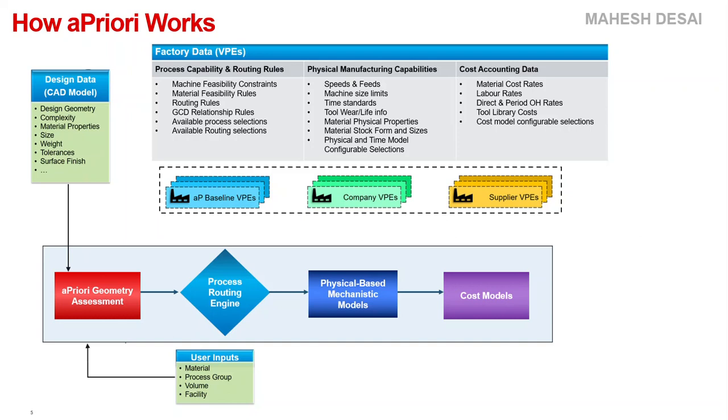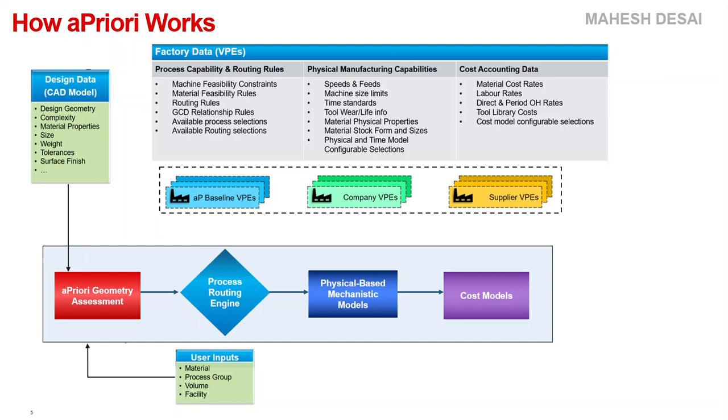And company VPEs can be customized based upon the company's in-house manufacturing process. The VPE data can be customized: what machines are available, the machine and material rates, labor rates, and so on. This can be updated, and these VPEs can be used to generate the costs.